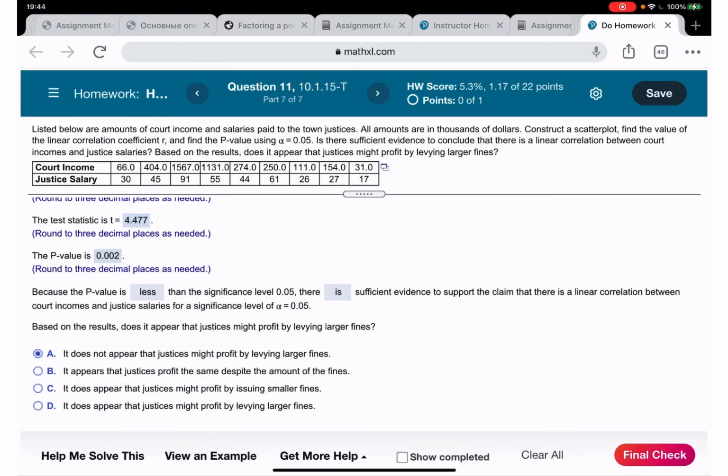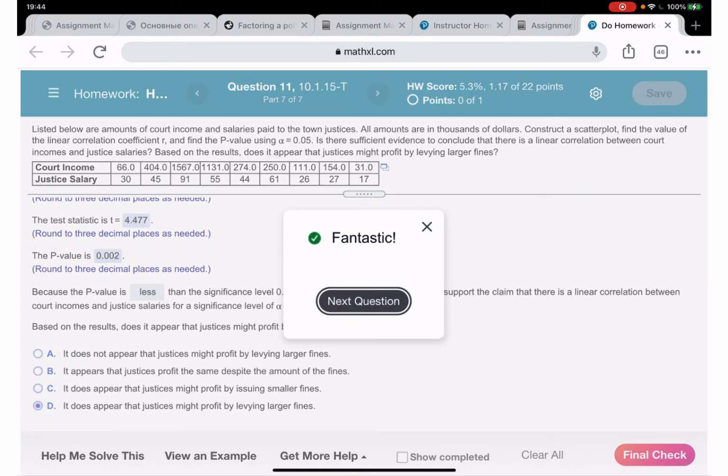Oh, I chose doesn't appear. Okay. It does appear that justice might profit by levying larger fines. Here it is. I was choosing doesn't. Okay.